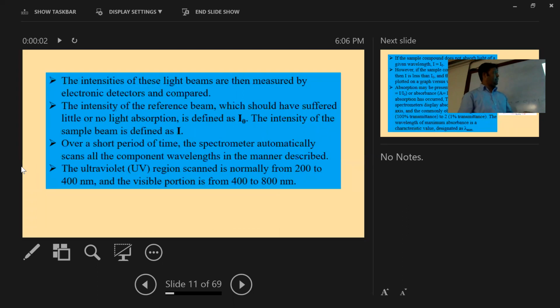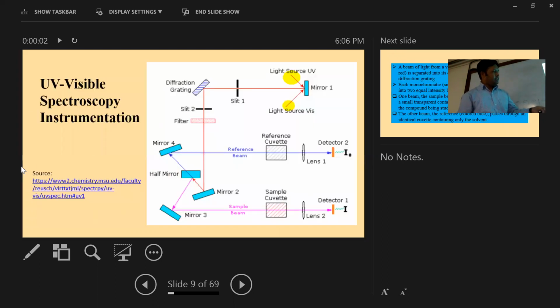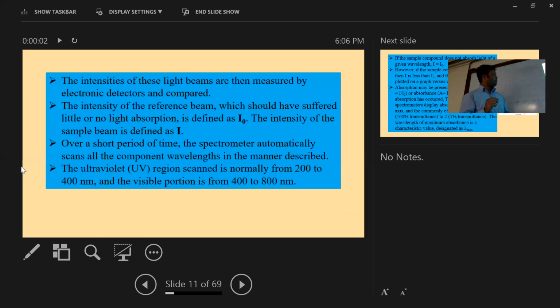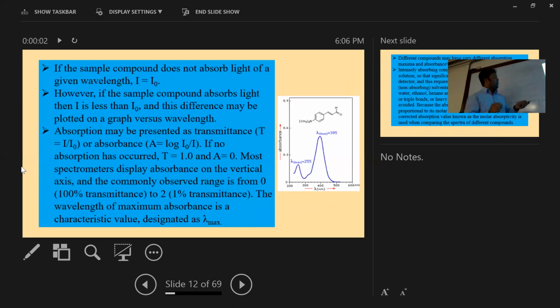As I have shown here, if this sample absorbs a minimum amount of light, then this I should be less than I naught, so the intensity for this light would be a little bit less compared to this.